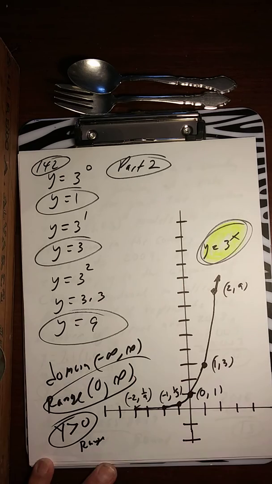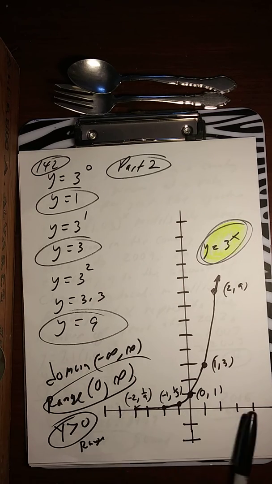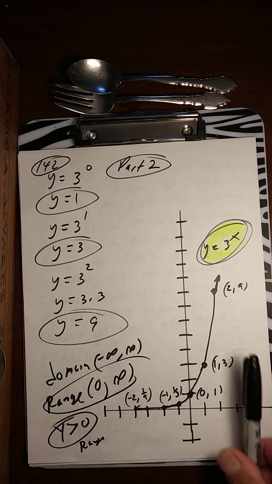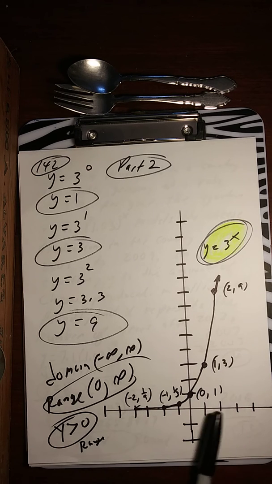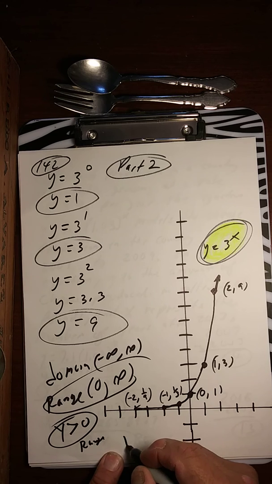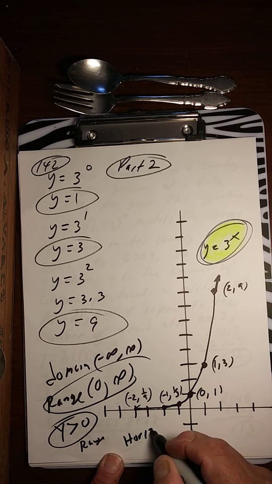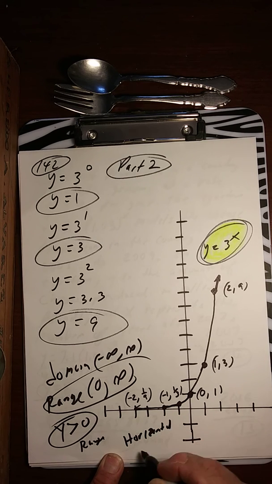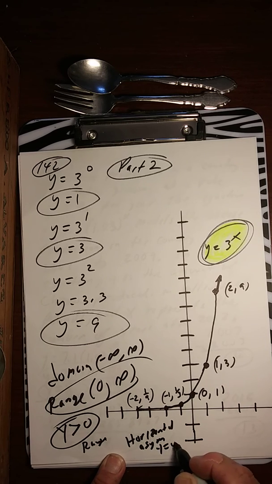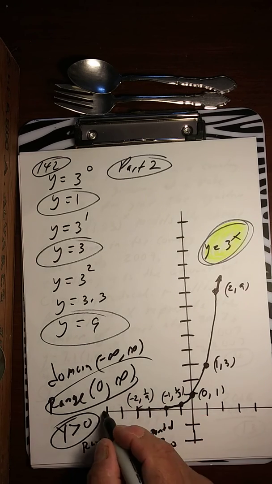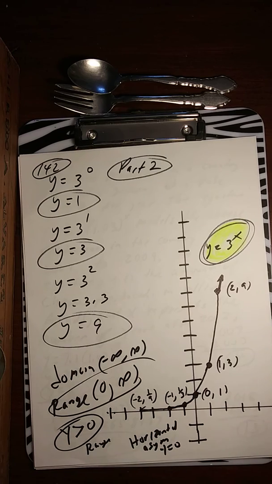Right there, it has a horizontal asymptote. Where? Y equals 0, right there.